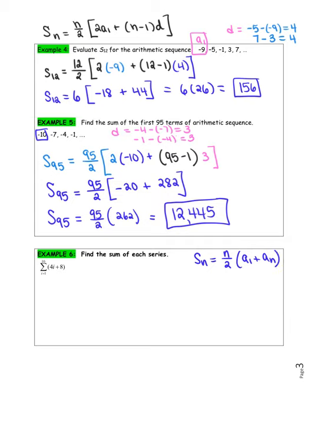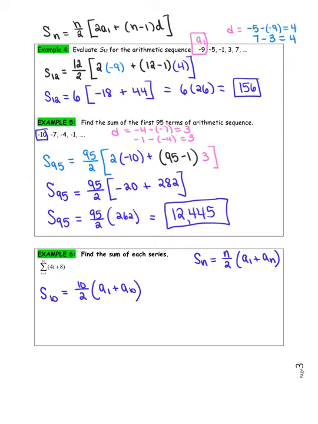So here we have S sub 10 because we're adding the first 10 terms of the arithmetic sequence, equals 10 divided by 2, parentheses, A1 plus A sub 10.